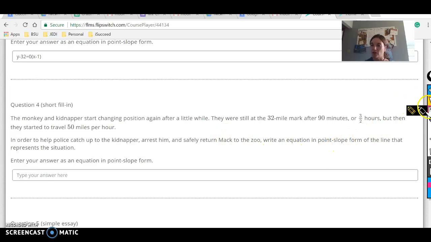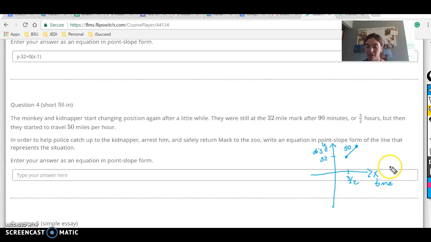Okay, so we're going to do kind of the same thing. 3/2 of an hour, because our x-axis is time and our y-axis is distance. They were still at that 32, but then they travel at 50 miles an hour.